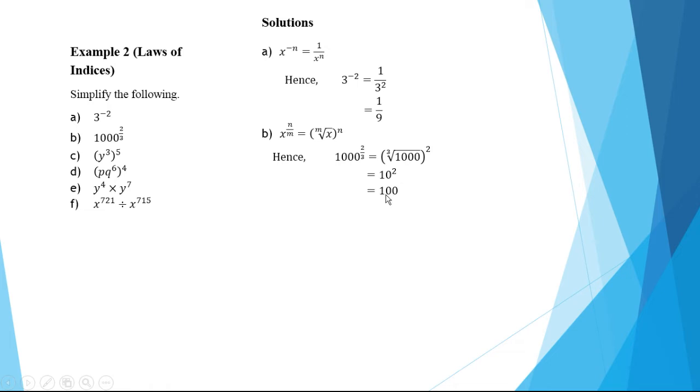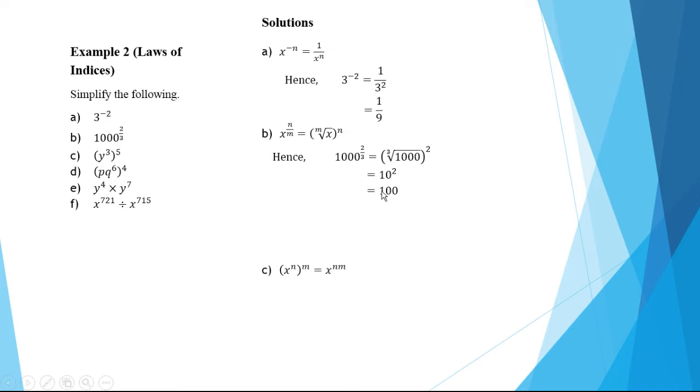How did we get the 10? The cube root, remember, of any number is a number that multiplies itself 3 times to give us that number. So in this case, the 10 is what multiplies itself to give us 1000. So we got the 10, and now we are squaring it, we get 100.